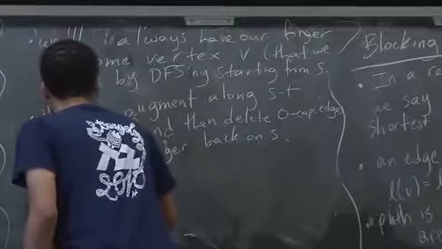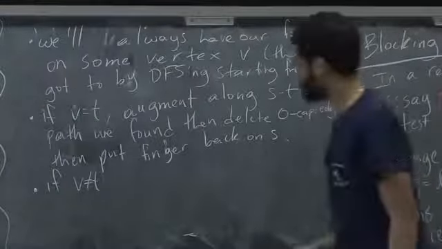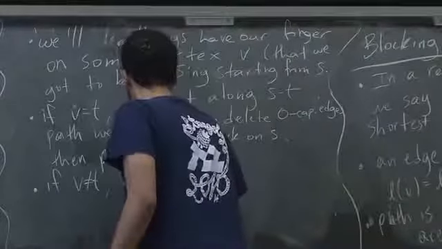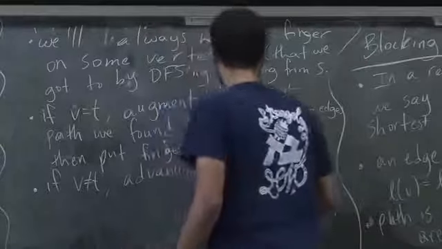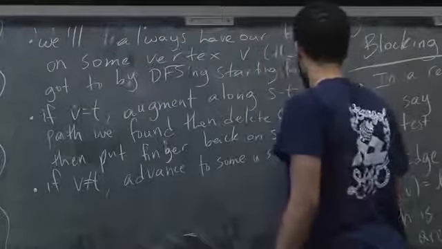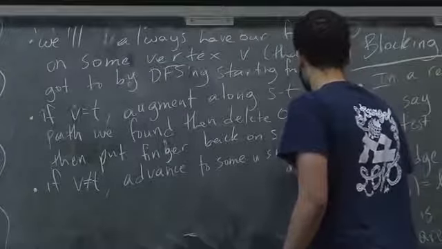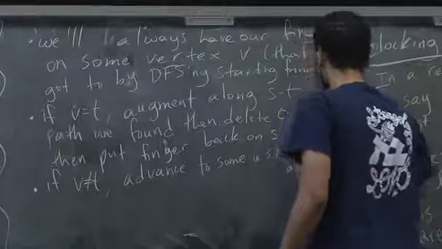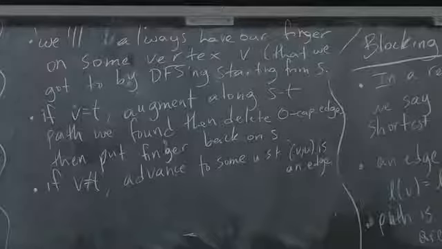Otherwise, if V is not equal to T, advance to some vertex U, such that VU is an edge. Of course, there might not be such a U. We might be at a dead end.